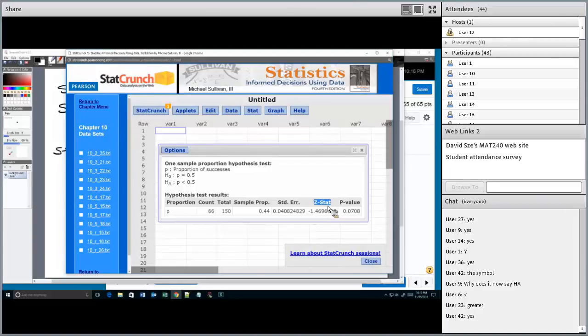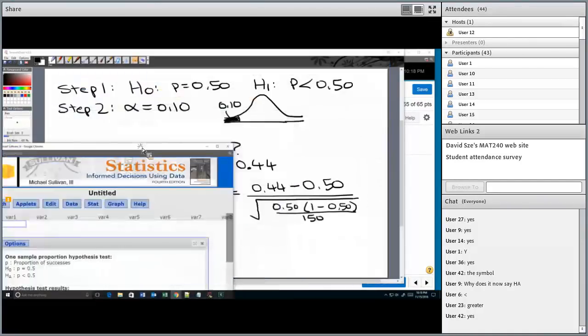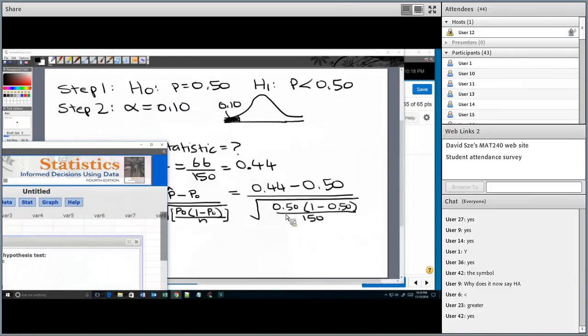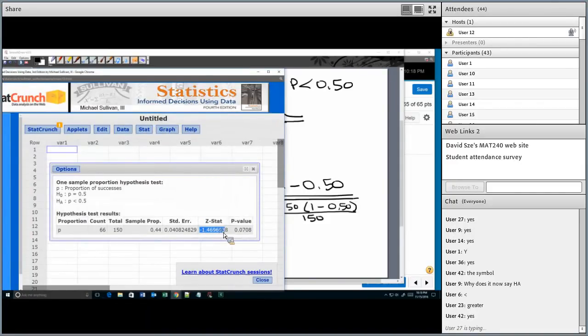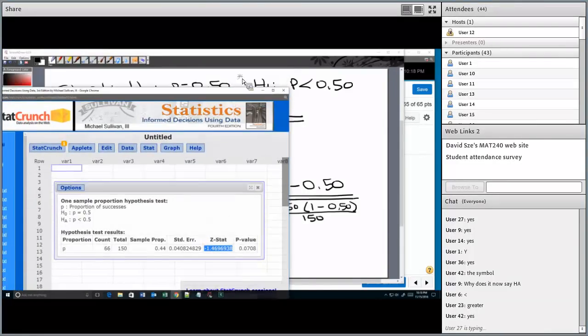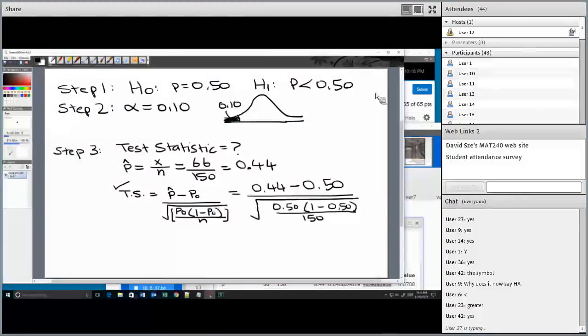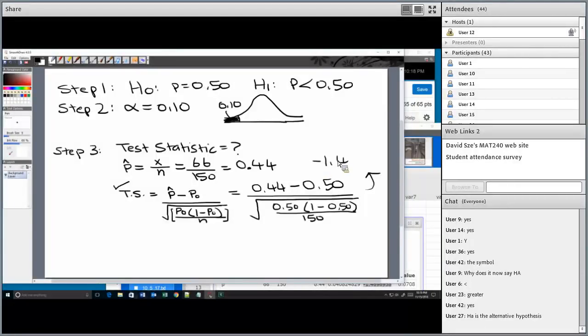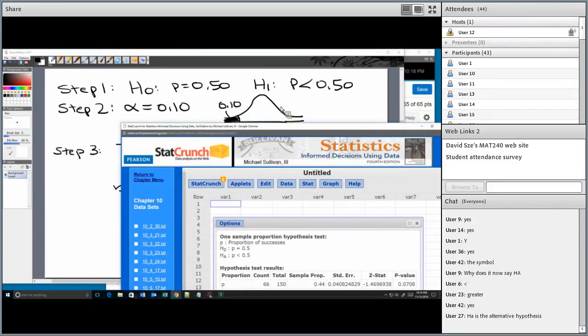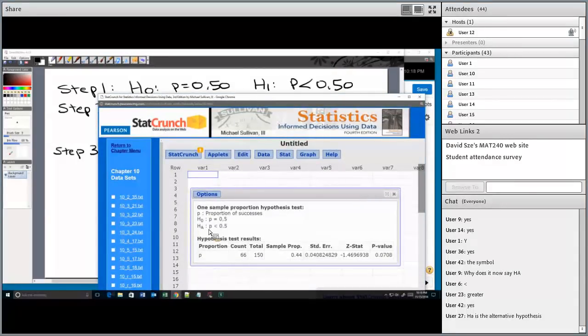You see this Z-stat? This is your test statistic. This is the test statistic that I would have calculated if I did this arithmetic here. It's given right here, minus 1.4696. That's your test statistic. Yes, sometimes you'll see H1, sometimes you'll see HA. It's the same thing, the alternative hypothesis.